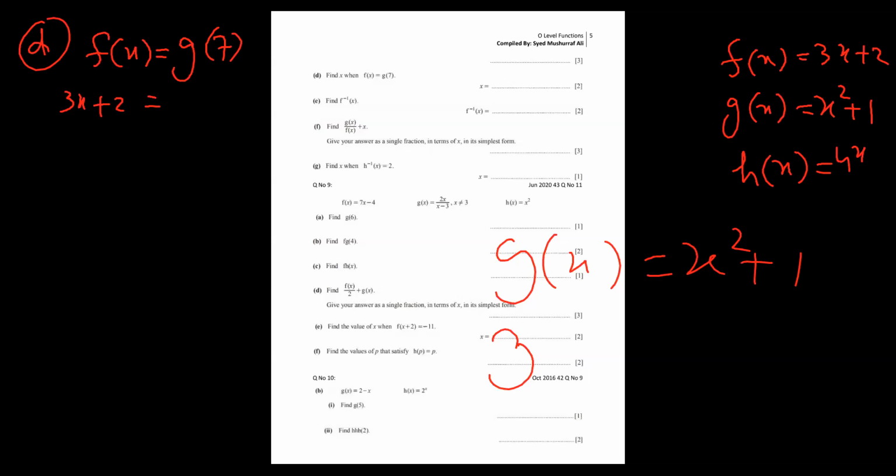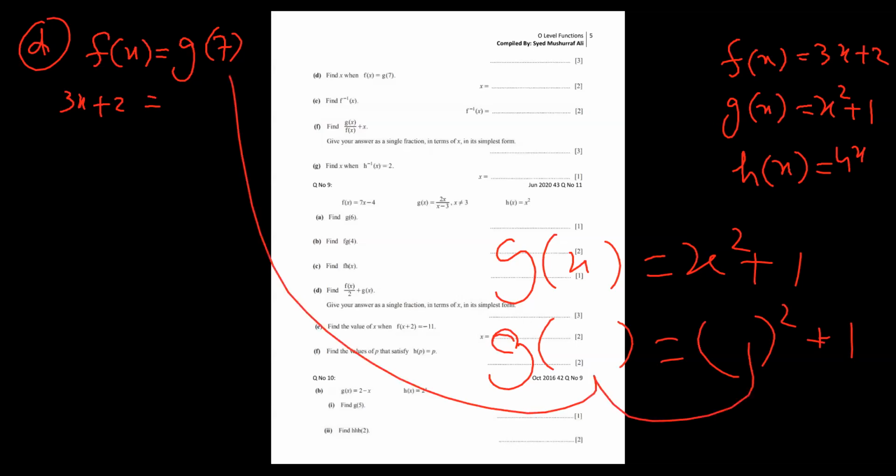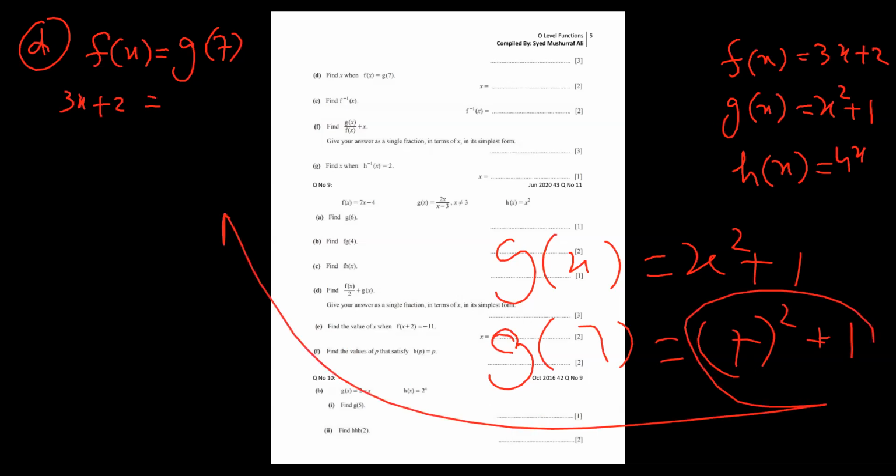I leave empty spaces for x, and then I put 7 because this 7 will come here and here. So indirectly 7 and 7. And this value I'm copying there, I mean x squared plus 1, and I write 7 with a different color here. I think now you are understanding very well what is going on.